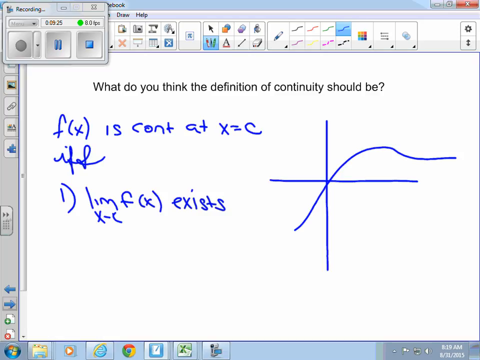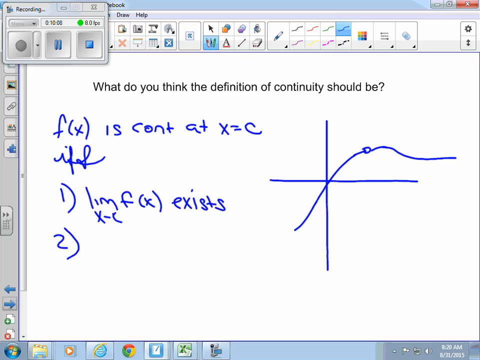Is that enough? Why not? There's a hole in there now, right? So I have to pick up my pencil at the hole. So the limit does have to exist, but that's not enough. There must be something else to it.